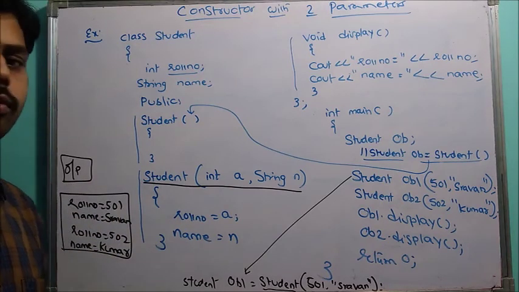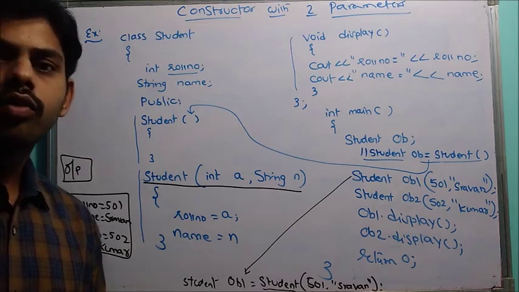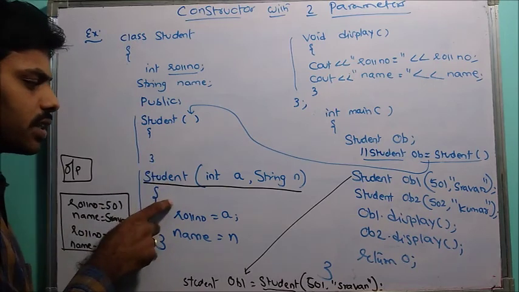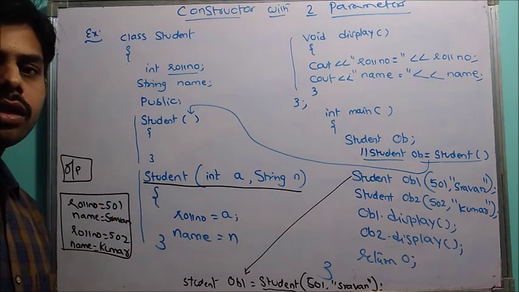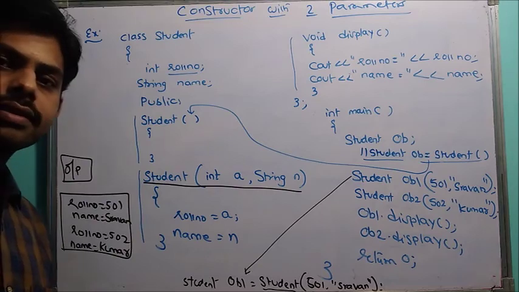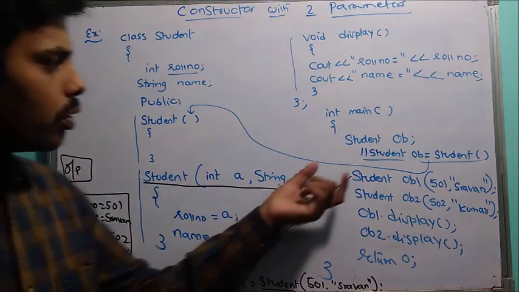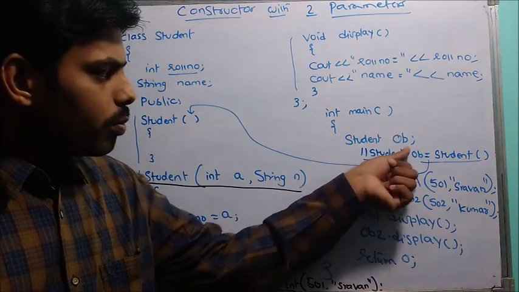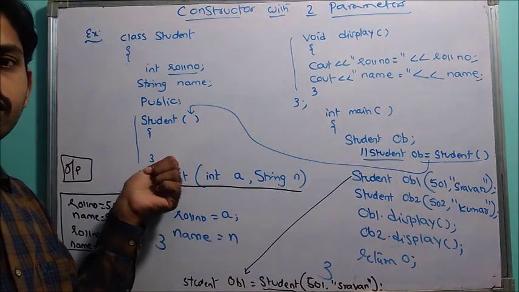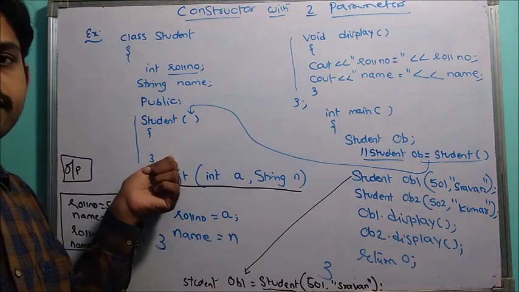In this particular example, one more concept is involved, that is multiple constructors. If you see, this is one constructor function, this is another constructor function. If you observe this, one more concept is there, that is overloading constructors. If you execute these statements, OB, which function is executed? The default constructor is executed, right?